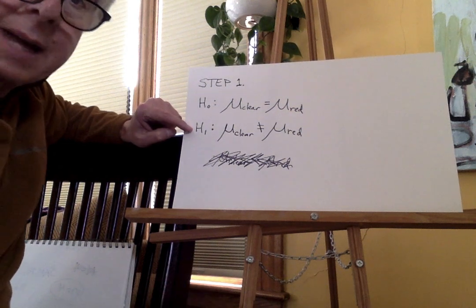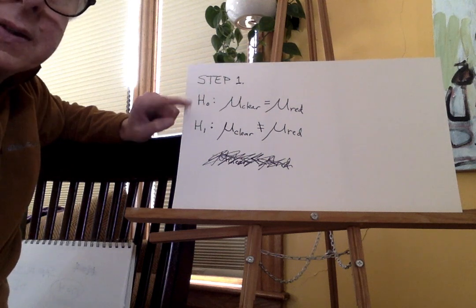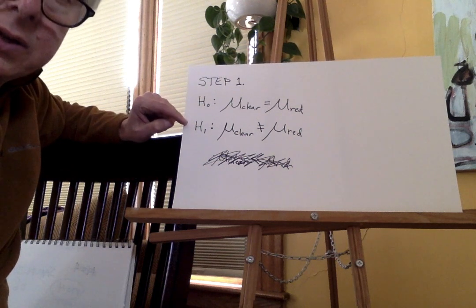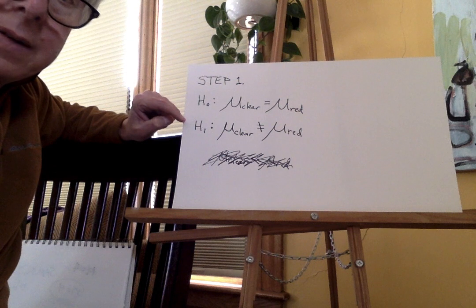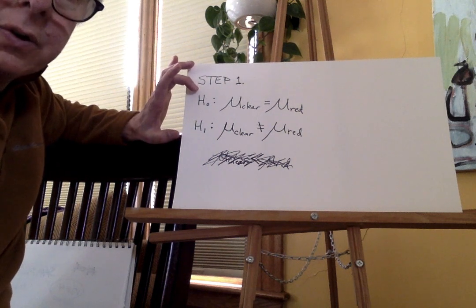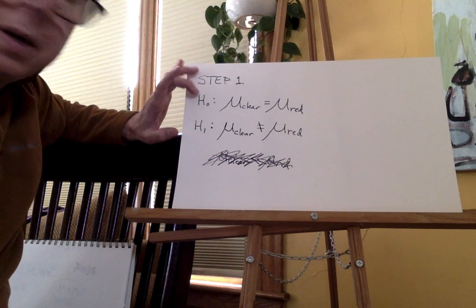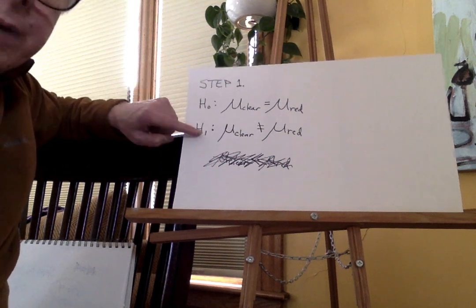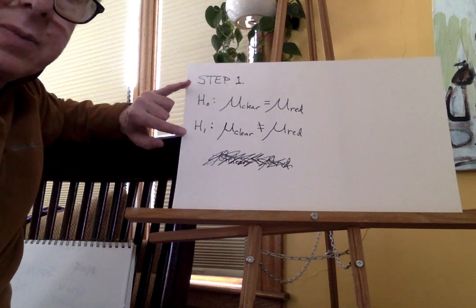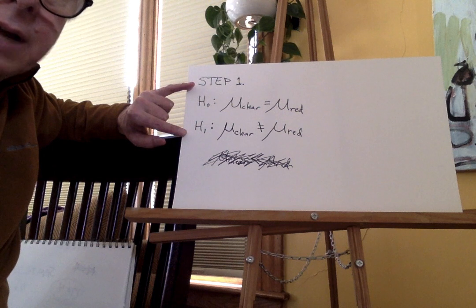That's an absolute necessity. Taken together, they have to account for all possible outcomes of an experiment. So they can't overlap at all, and if we take them together, they should be able to account for any kind of outcome in our experiment.